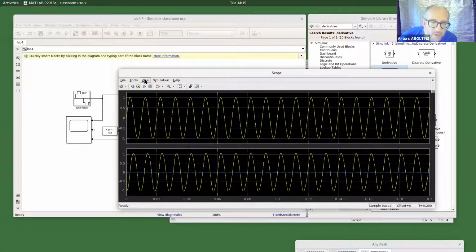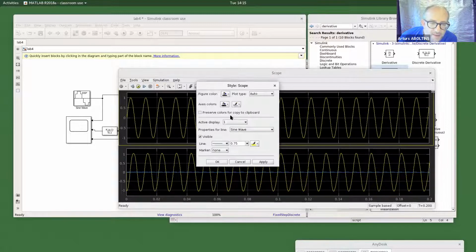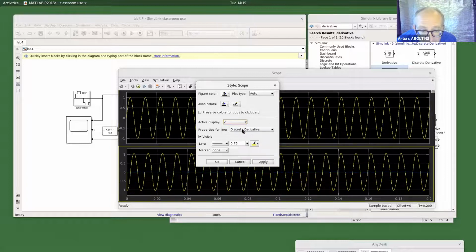Now we go to the style and say for this second signal, this. Oh no, we cannot move it to another display, so it doesn't work.